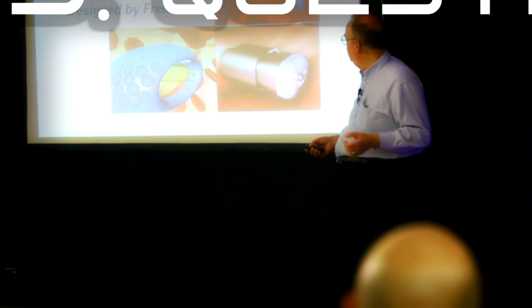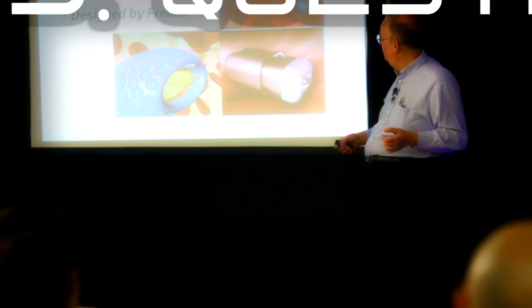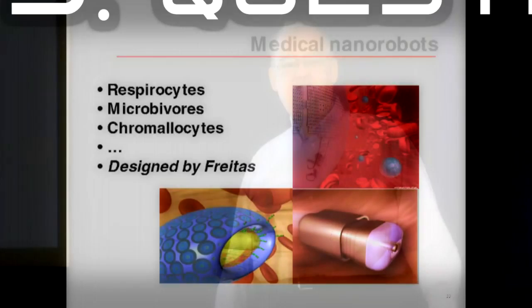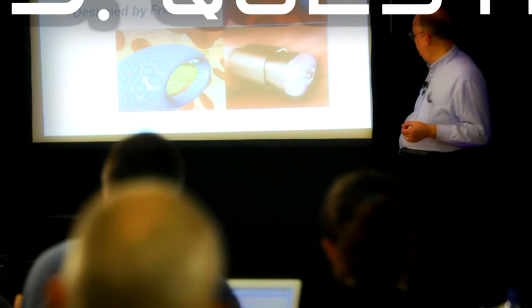And there are some advantages to that, particularly if you have a heart attack. Microbivores, devices that would detect and ingest invaders, pathogens in the circulatory system. If you could clear out those infectious diseases more rapidly and more effectively, then we could eliminate more diseases and cure more infections more efficiently.